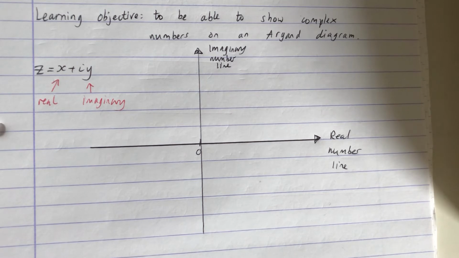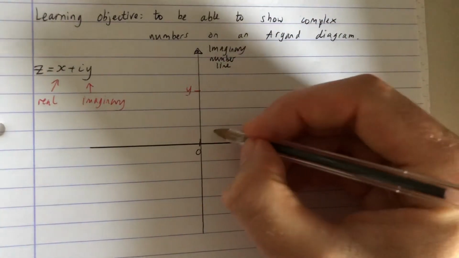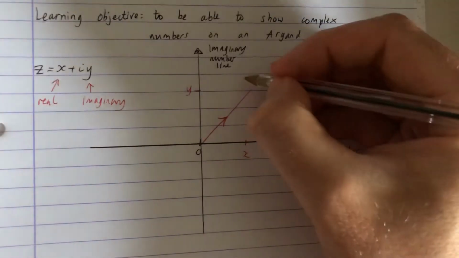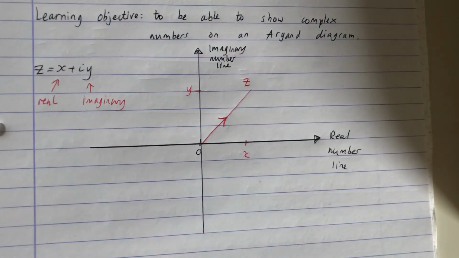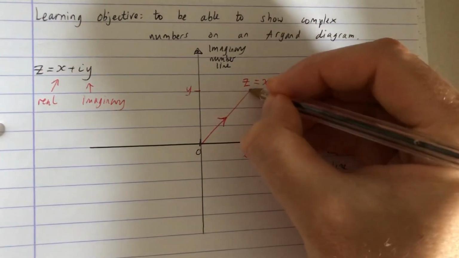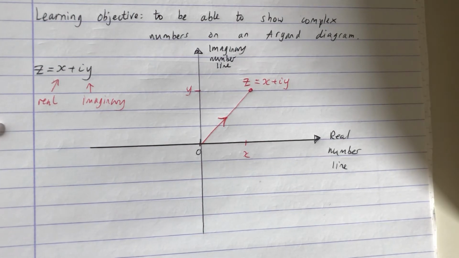We prefer, rather than a single point, to use vectors instead. So effectively I'm going to plot the vector (x, y). I go x across, y up, and that there would be my complex number z, which is equal to x plus iy. And this is how we're going to plot complex numbers on this diagram from now on.